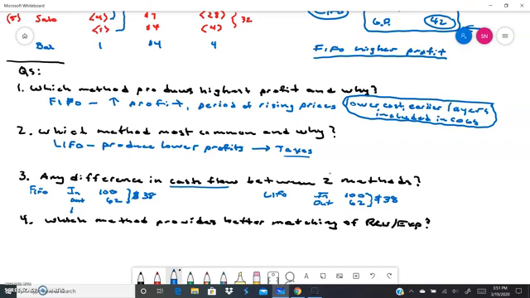Oddly enough, though, if we look at just the gross profit, or the profit, we'll call it just profit, the profit under FIFO is 45, but the profit under LIFO is 42.